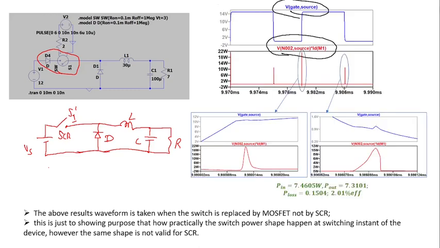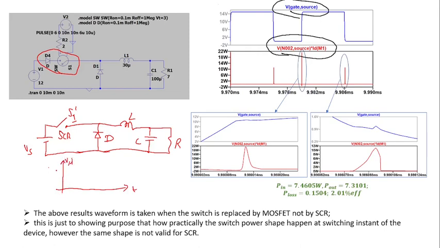The losses are associated with the switching event. Whenever you are turning on or turning off the device, the overlapping period of voltage and current will introduce power loss. Ideally, suppose this is the time axis and this is the voltage and current axis.